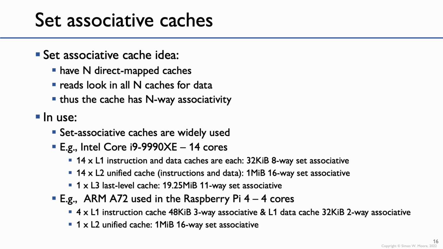It's also 3-way associative, so it's obviously 3 blocks of 16 kilobytes. The data cache is actually smaller, 32 kilobytes and just 2-way associative. Then there's a unified L2 cache shared among all the cores that is a megabyte in size and 16-way associative.